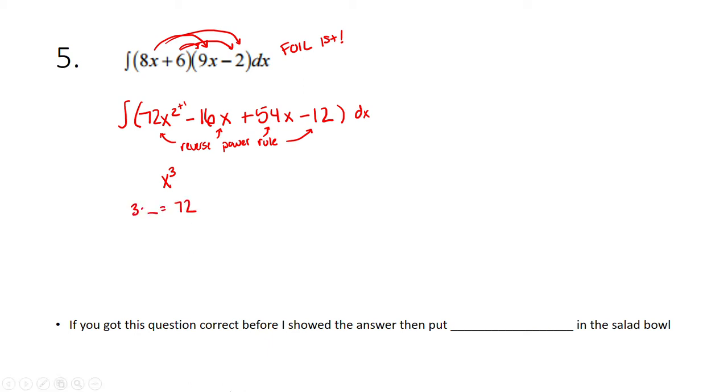To finish this, I need to do division. So that's going to be 24x to the third is my first term. My second one, I add 1 to this, and that becomes x squared because there's an invisible 1 as a power. So 2 times what is negative 16, and that gives me negative 8.